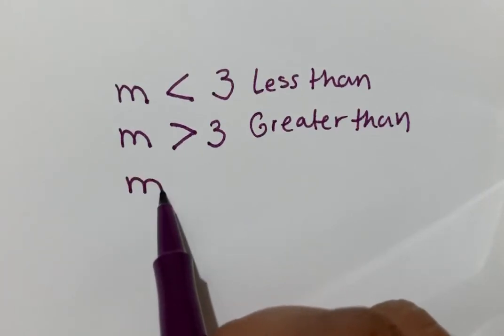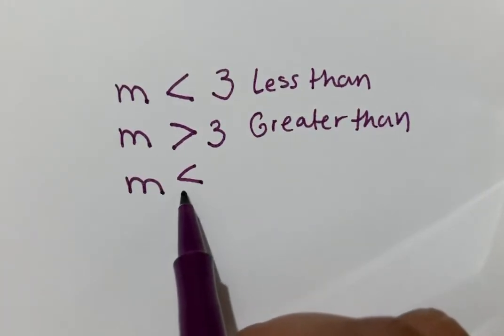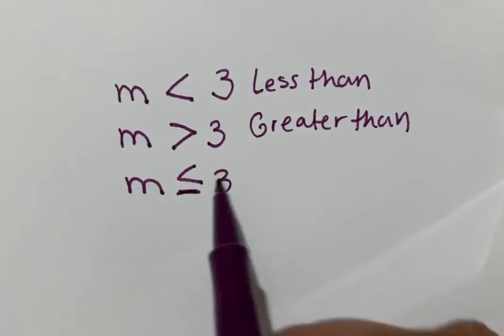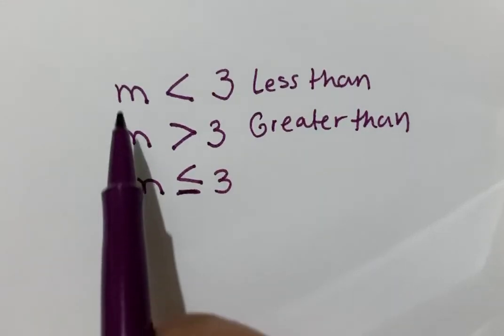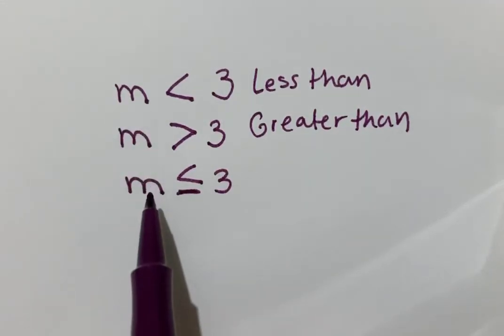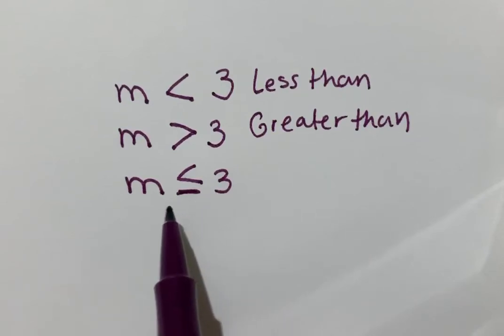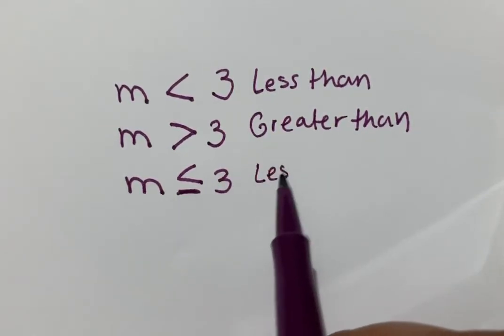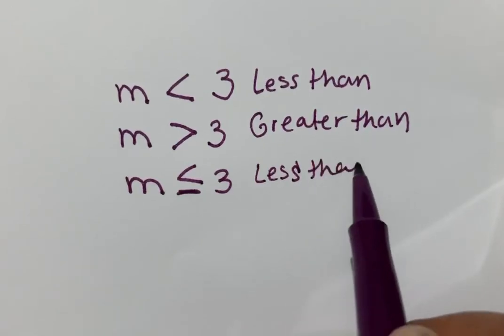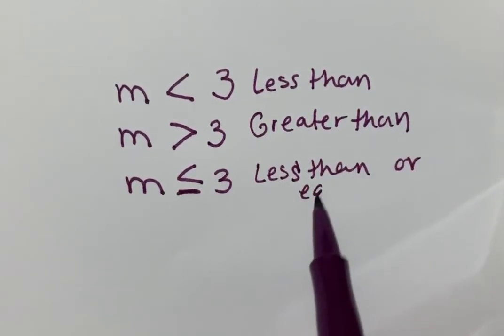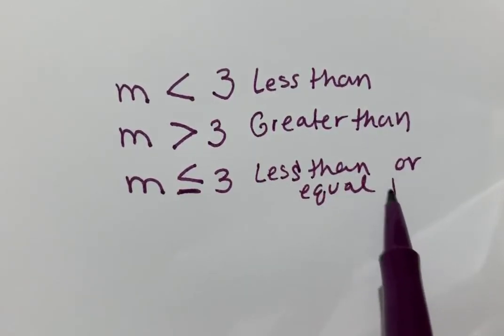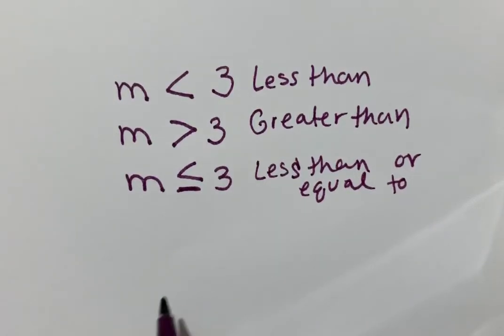We also have m is less than or equal to 3. The difference between this one and the first one is that you can also include 3. So you can pick values that are less than 3 or equal to 3. That means you could pick 3.